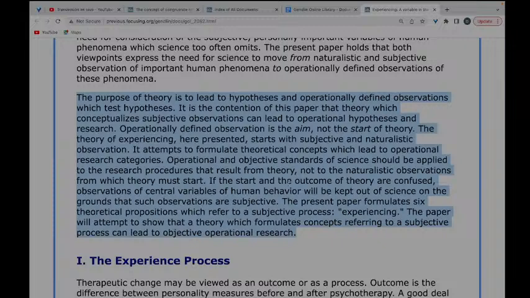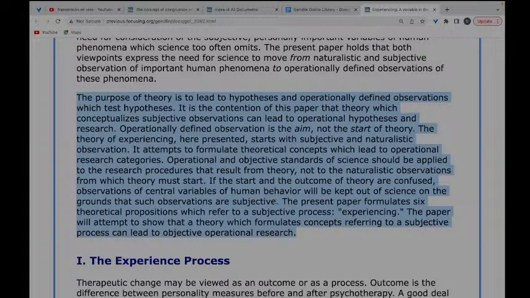If the start and the outcome of theory are confused, observations of central variables of human behavior will be kept out of science on the grounds that such observations are subjective. You're right. If you think you have to start with only objective observations, then you will just skip over all of your subjective human experience.